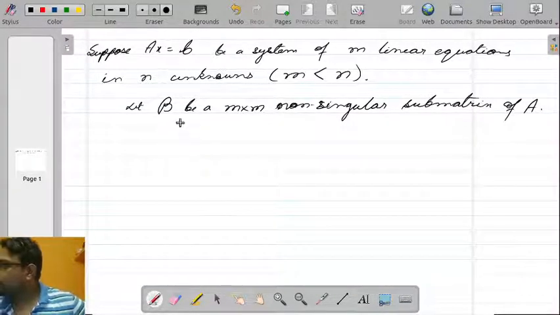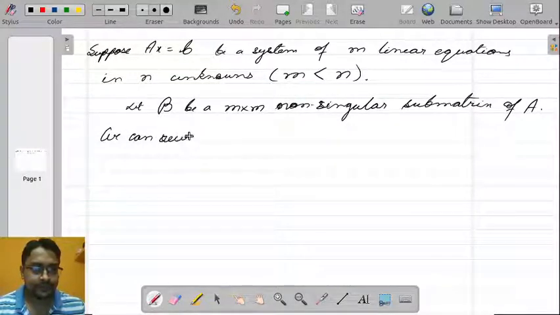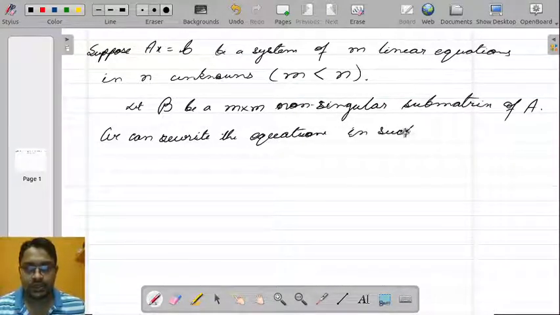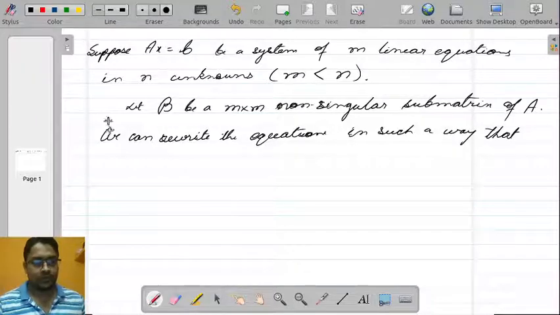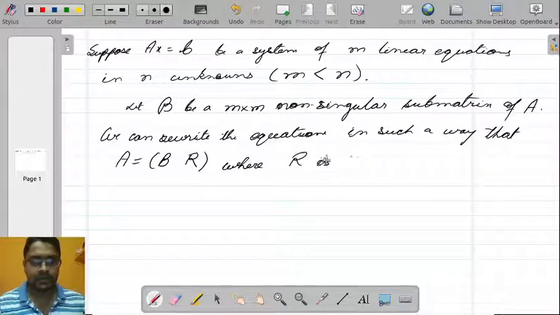So we can rewrite the equations in such a way that A can be written as B together with R, where B is an m by m matrix and A is an m by n matrix.